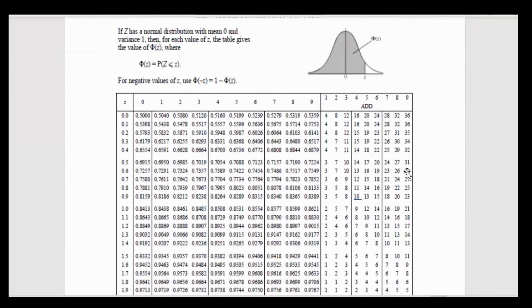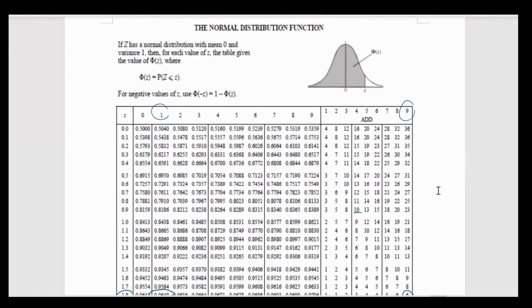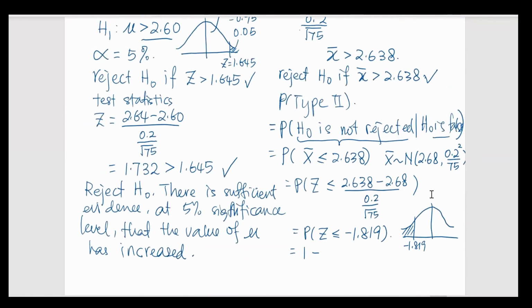So refer to the normal distribution table, 1.819: 1.81, so 0.9649, 9 here, so it's going to be 0.9655. And that is where we get to the answer, 0.0345, as the probability of type 2 error for this particular question.